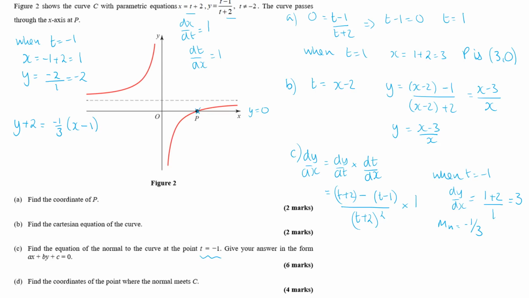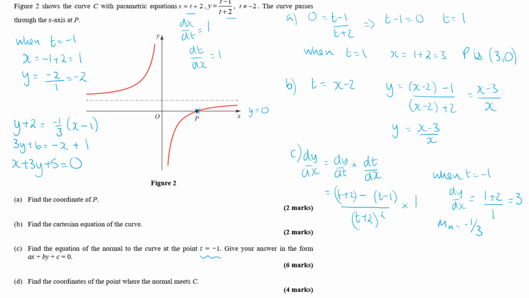Times everything by 3, so that will be 3y plus 9 is equal to minus x plus 1. Everything to one side: x plus 3y plus 8 is equal to 0.